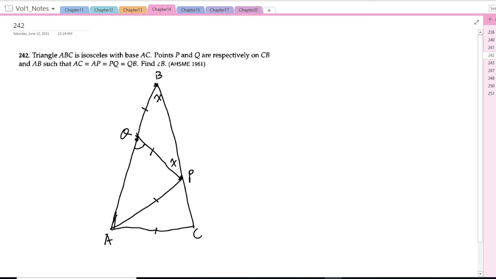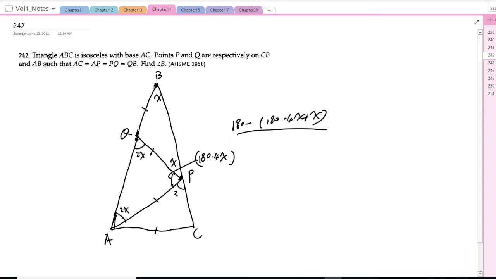This is the exterior angle of QBP, so this is 2X. Then this is 2X, right? So this angle is parameterized. You see the power of parameterization, okay? 4X, right? So this angle is equal to 180 minus the 180 minus 4x plus x, right?